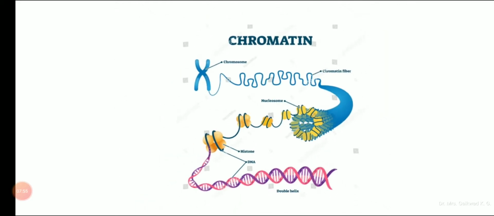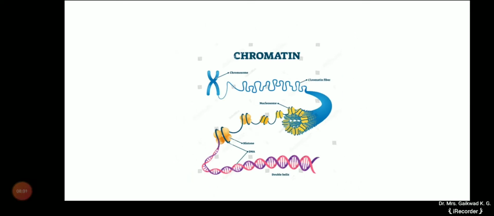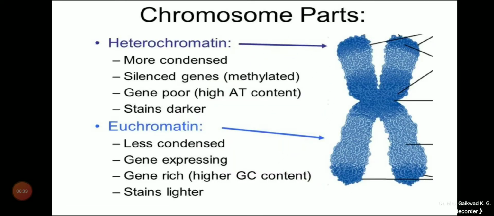In some regions of the chromatin, DNA is more and it is genetically active. That region is called the euchromatin.